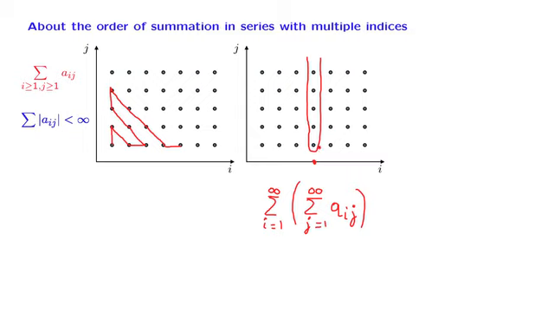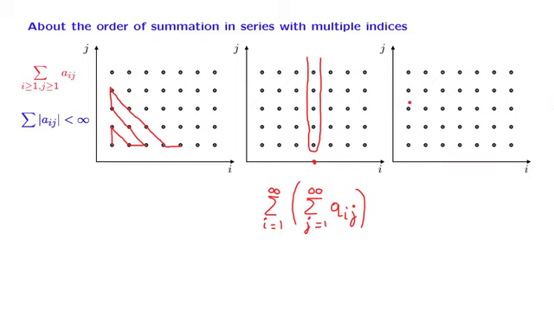Now, why start with a summation over j's while keeping i fixed? There's no reason for that. We could also carry out the summation by fixing a particular choice of j and summing over all i's. So now it is i that ranges from 1 to infinity, and we look at this infinite sum.